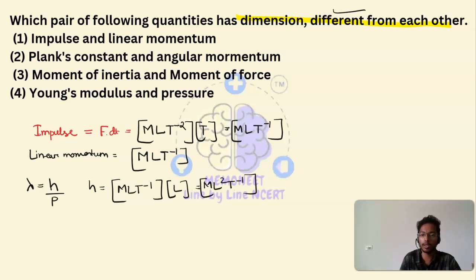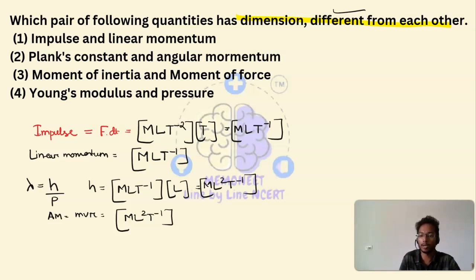And then for the angular momentum we have mvr, which equals the same, m L square t to the power minus 1, because mv is here the momentum and r only adds up, r in place of lambda. So these both have the same dimension.